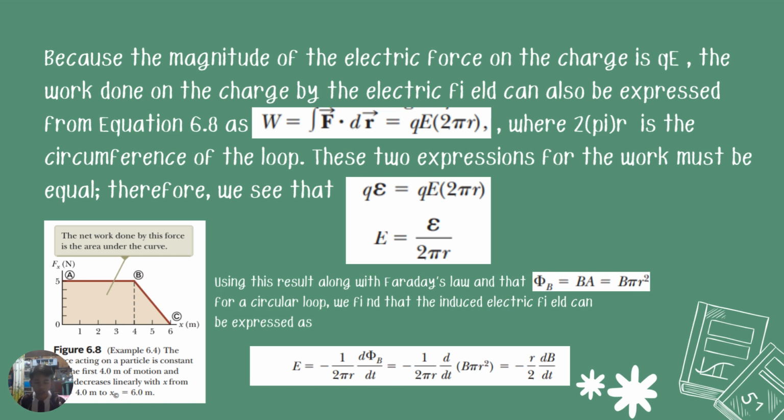The B represents the strength of the magnetic field, and A represents the area of the loop, which is also equal to Bπr squared. For a circular loop, we find that the induced electric field can be expressed in this formula. When you derive it, the final output will be negative r over 2 times dB over dt.